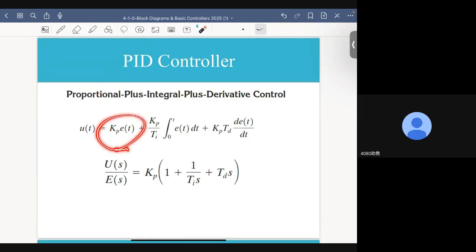Now, apparently, we can go one step further, okay? If you have proportional feedback and integral feedback, why not use derivative feedback? Why do we want to use derivative feedback in the first place? Because the derivative of the output error represents the changing rate of the output error, okay? For example, if the derivative is positive, that means the output error is growing, and that is not desirable, okay?